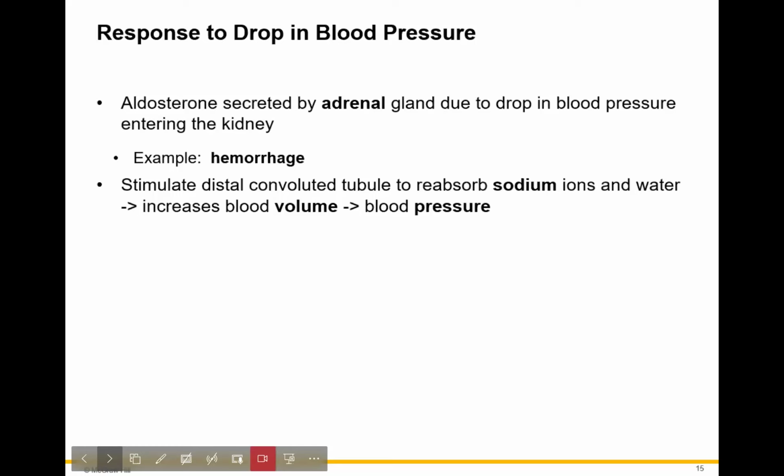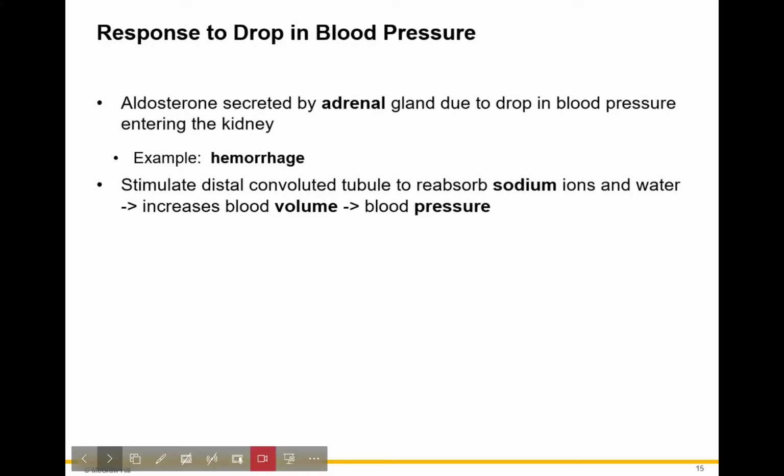There's a bit of give and take here between the kidneys and the heart. Your blood pressure drops, and this could be, for instance, if you are hemorrhaging, or it could be other factors. It could also be triggered by dehydration. And so this is going to increase water reabsorption in the same area, the distal convoluted tubule. It's just that the mechanism is slightly different.